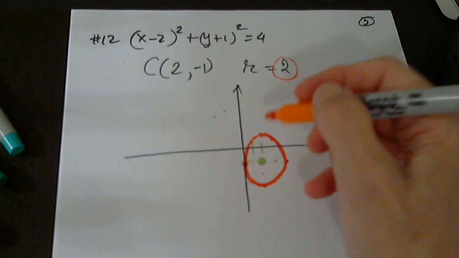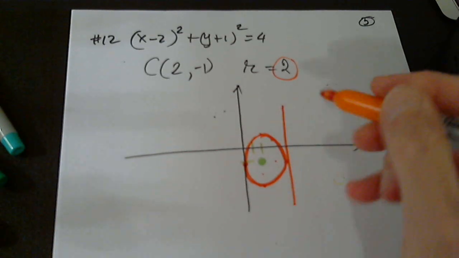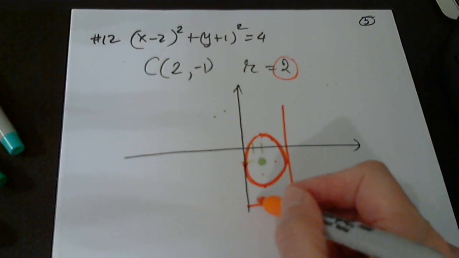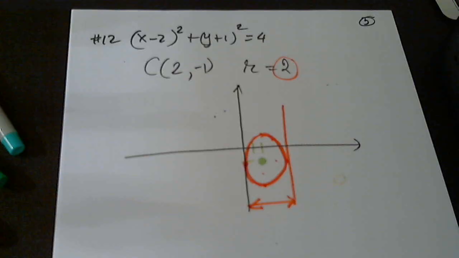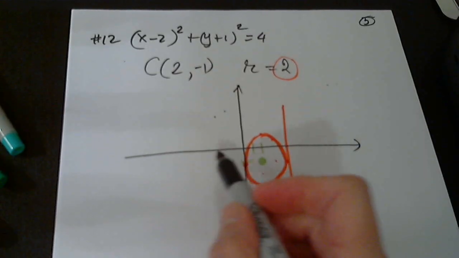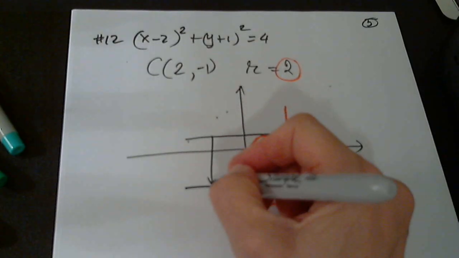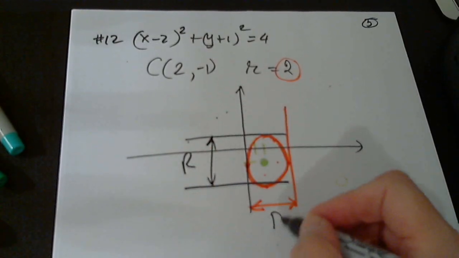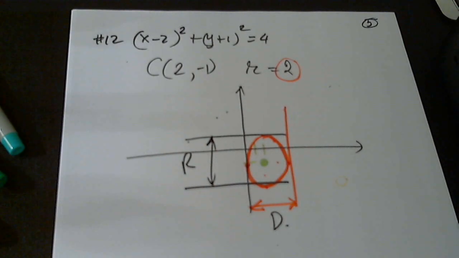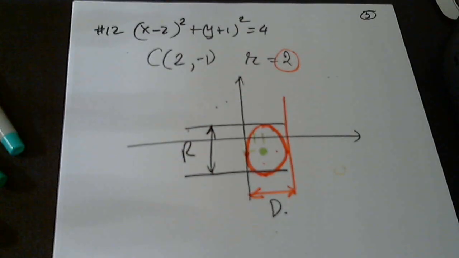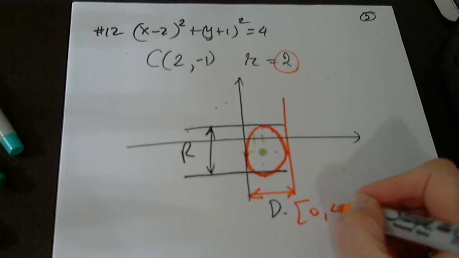Now, can anyone give us the domain between these two, in other words, and the range between these two? This will be the range, this will be the domain for the circle. 0, 4. Indeed, the domain is 0, 4.